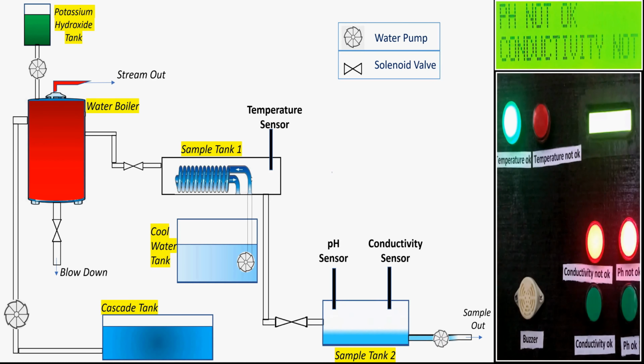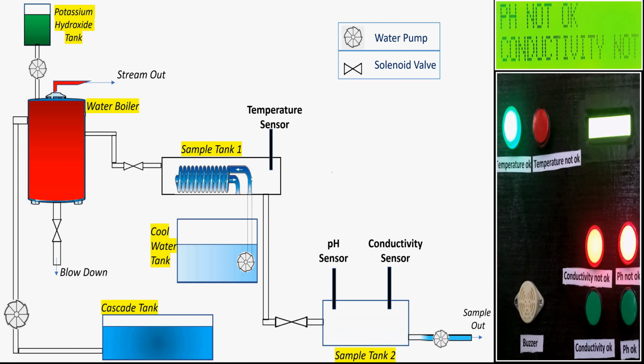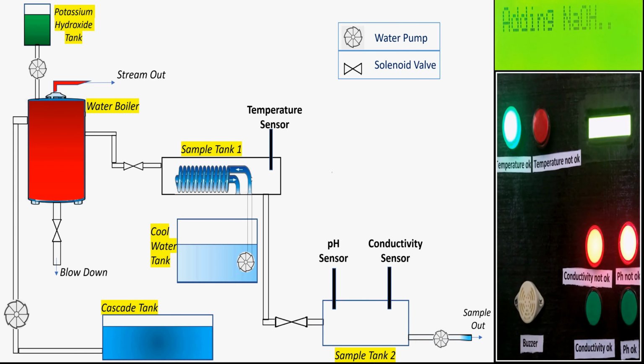Now, here we consider the worst possible scenario. It means the water sample we got is highly acidic and the conductivity is also not at an appropriate value; it is increased. Now, this automated system is going to fix those issues. To fix the high acidity of the boiler's water, the system automatically adds a pre-calculated volume of sodium hydroxide to the acidic water.